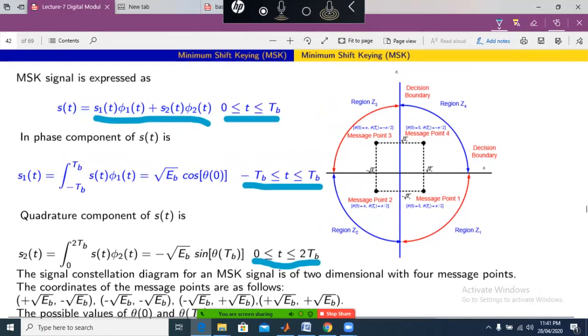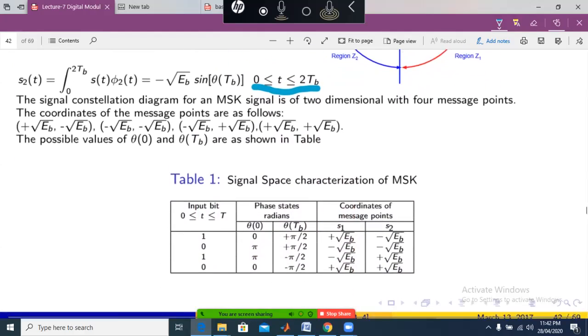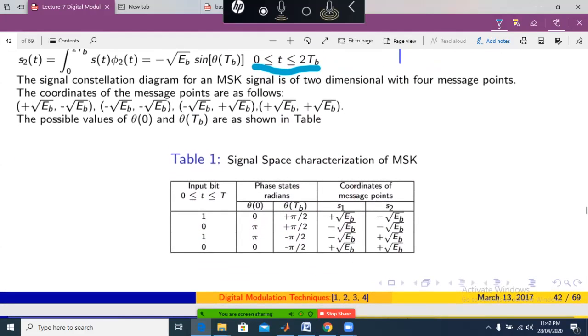You can see the table pointed out here that this is the message point 1 in region Z1, and this is the initial phase and the final phase pi by 2. And in all regions we have the initial phase and the final phase determined. Also it is mentioned in the signal space characteristics of MSK.